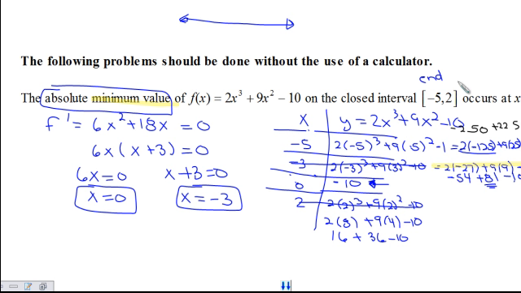So I'm going to have -260 plus 225. So is that going to be bigger or smaller than -10? It's going to be smaller than -10. So that means -5 is my absolute min. So that is where it occurs.